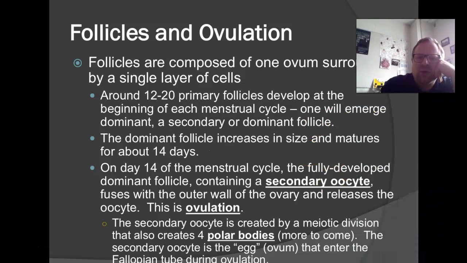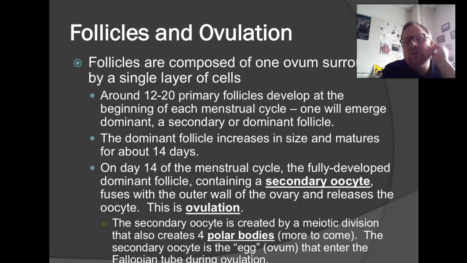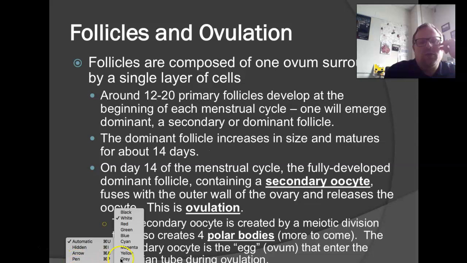These follicles are composed of one ovum surrounded by a single layer of cells, and around 12 to 20 of these follicles develop at the beginning of each menstrual cycle. And one eventually will emerge as the dominant follicle, or what we call a secondary or dominant follicle, once we get to the appropriate point of the menstrual cycle.